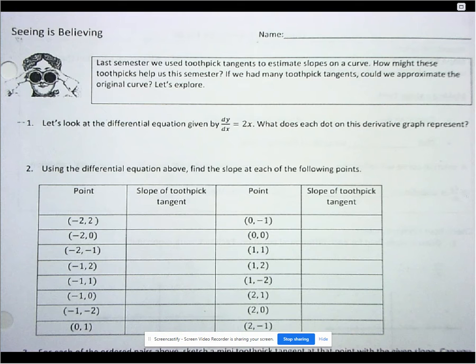So anyway, let's look at the differential equation dy over dx equals 2x. What does each dot on this derivative graph represent? And so for a differential equation, it's an equation of slopes.